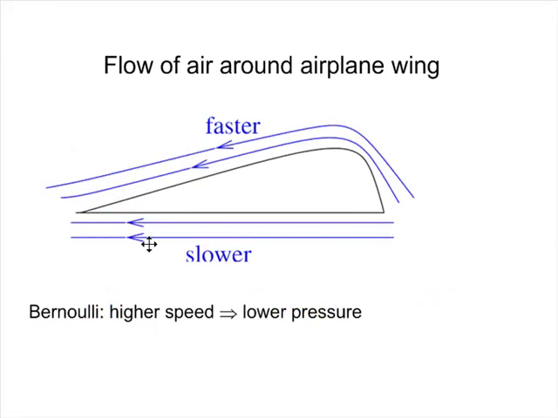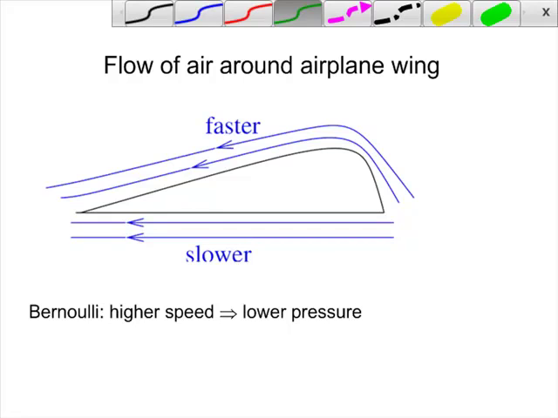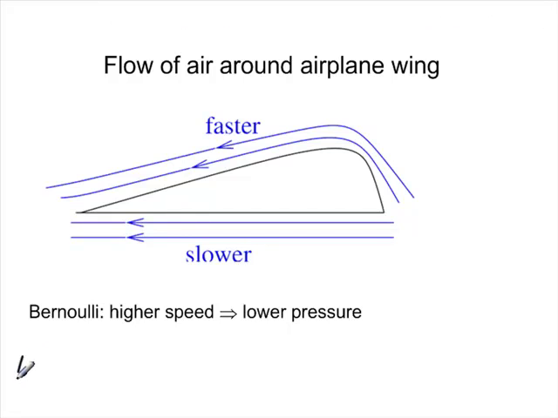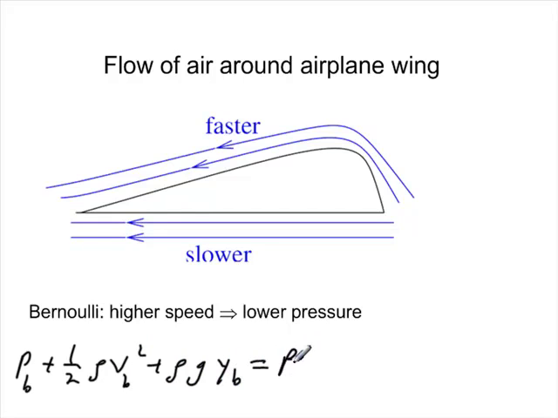Now, we can use Bernoulli's principle to understand why an airplane wing gains lift. We know that it says P bottom plus 1/2 rho v bottom squared plus rho g y bottom equals P top plus 1/2 rho v top squared plus rho g y top.